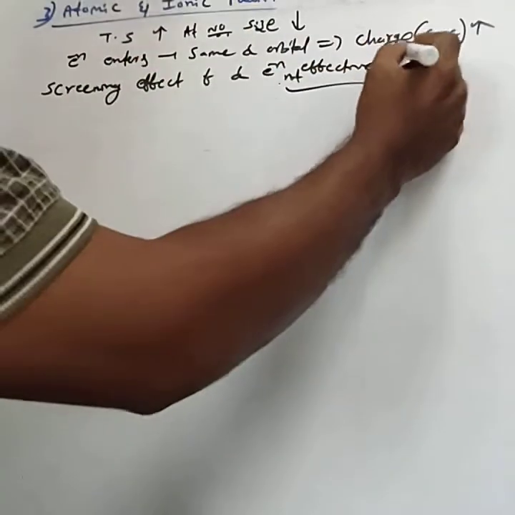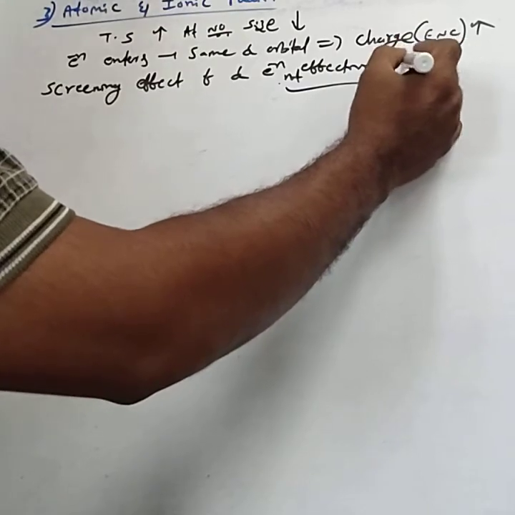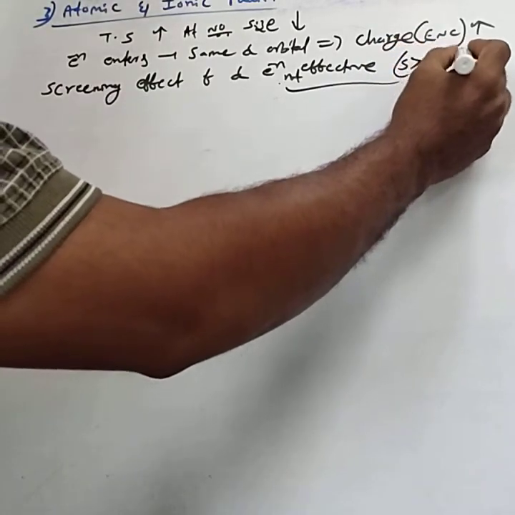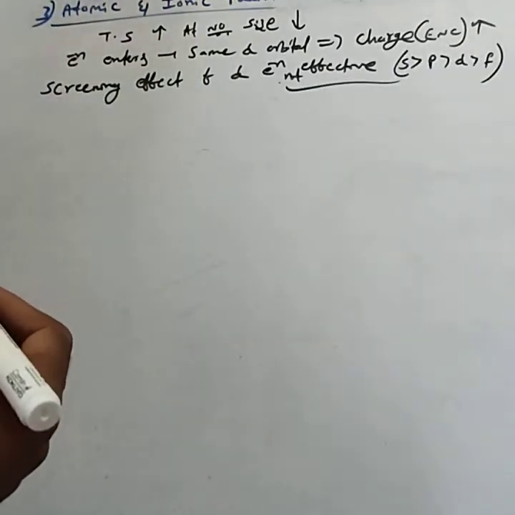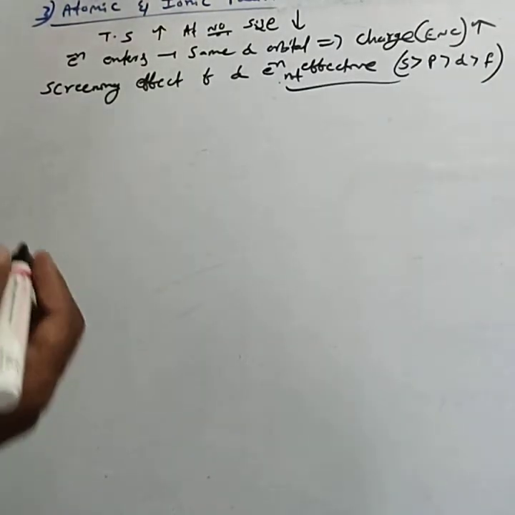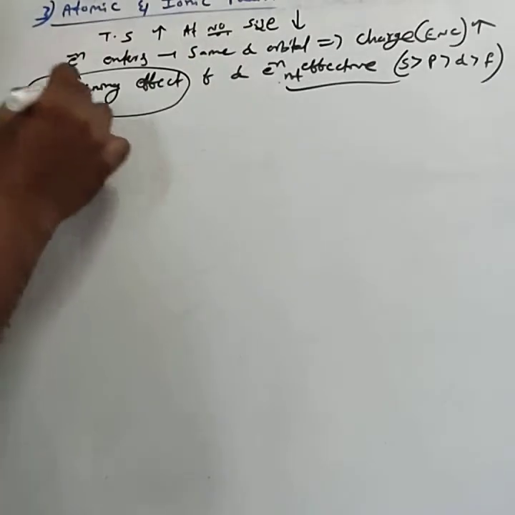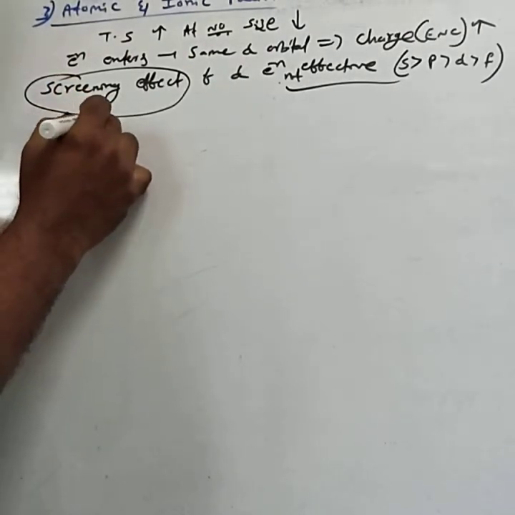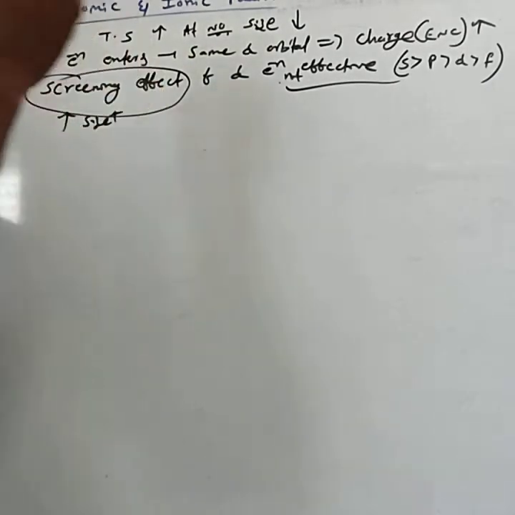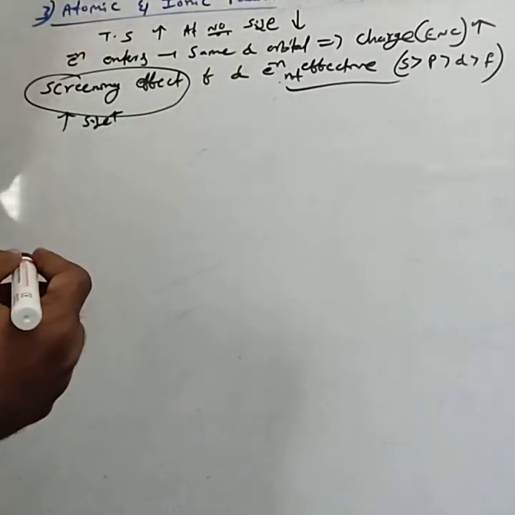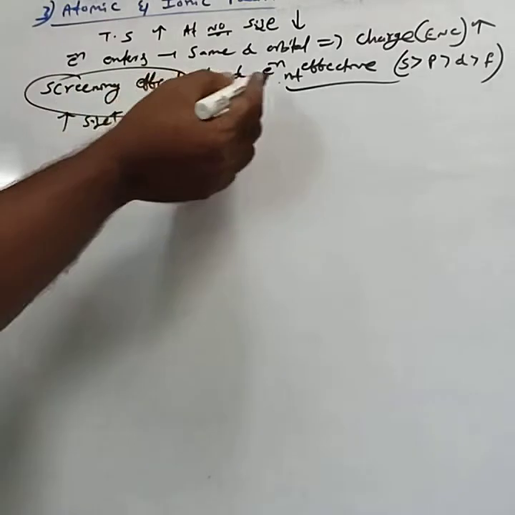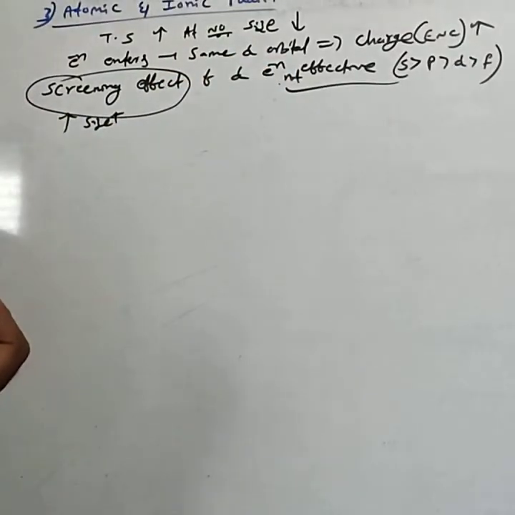Screening effect is maximum for the s electron in the order s, p, d, f. In first year we studied that as the screening effect increases, atomic size increases, and as the nuclear charge increases, size decreases. The screening effect of the d electron is not effective.